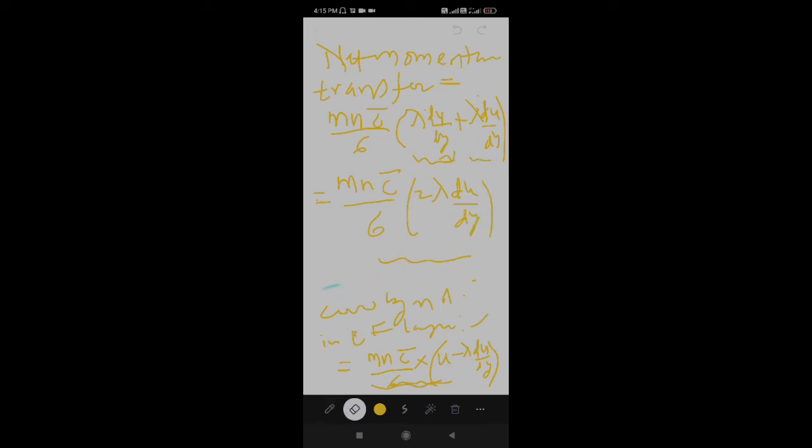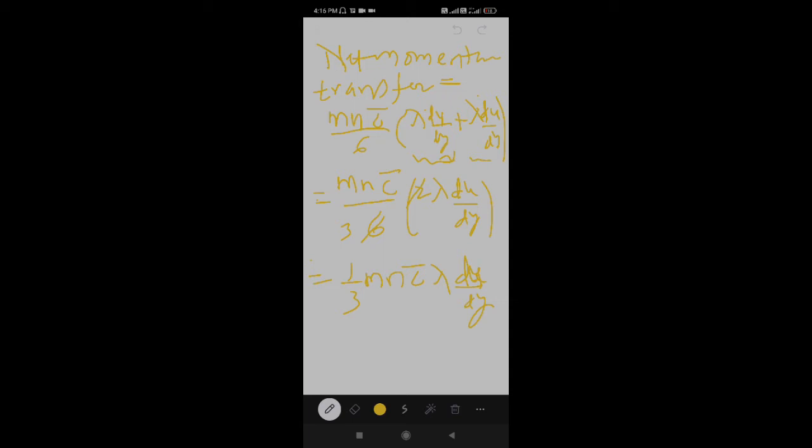Now simplify this. Cancel 6 and 2: 2 threes are 6. So the net momentum change is 1 by 3 m n c bar lambda du by dy.